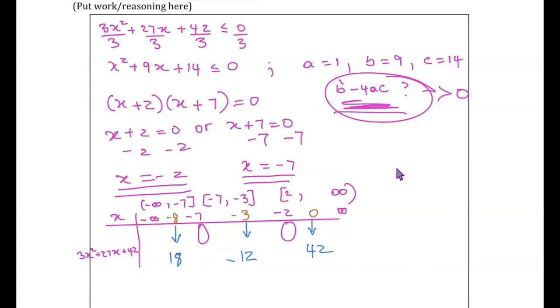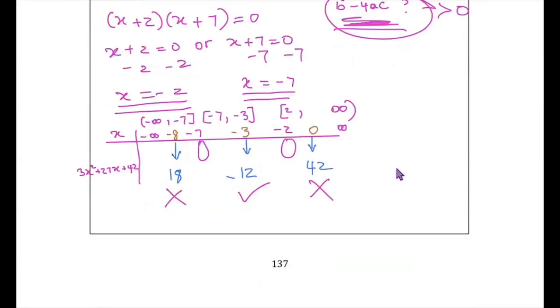Well, we see that we cannot take the interval -infinity to -7 because we're looking for when it's negative, and it's positive over this interval. We can't take -7 to -3 because the expression is -12, and we're not taking -2 to infinity because the expression 3x squared plus 27x plus 42 is positive over this interval.